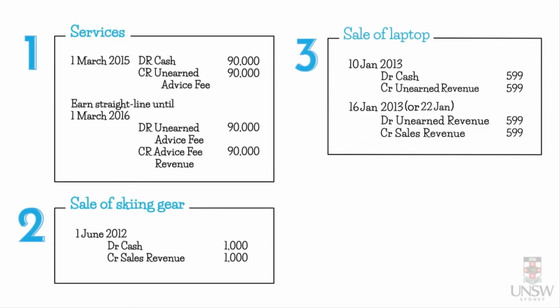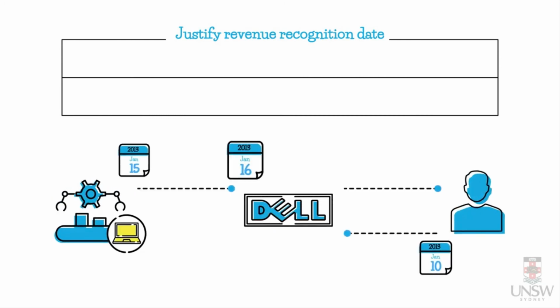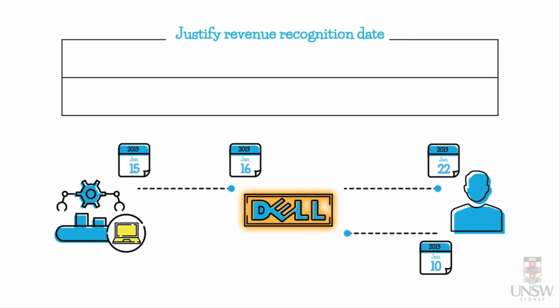Then we come to the last part of this question. You're asked to write a brief justification for the date that you recorded the revenue being earned by Dell. If you had assumed that the risks and rewards are not transferred until delivery, and that Dell bears the risks and rewards, not FedEx, then you would record the 22nd of January, the delivery date, because those risks and rewards are not transferred until delivery.